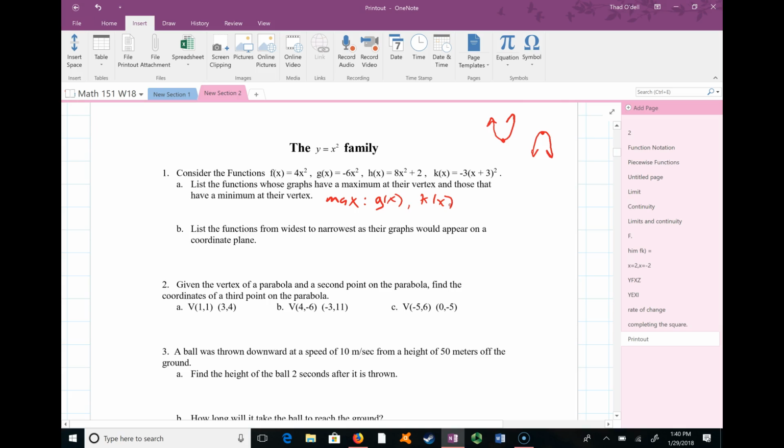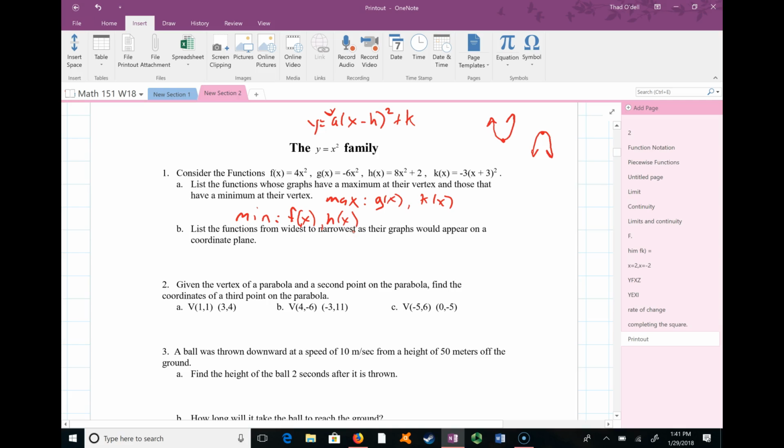Remember in vertex form, which these are all in, you have y equals a times x minus h squared plus k. And really we're just focused on the a. And so the ones that have a minimum would be the ones that are right side up parabolas, if you will. That would be f of x and h of x.